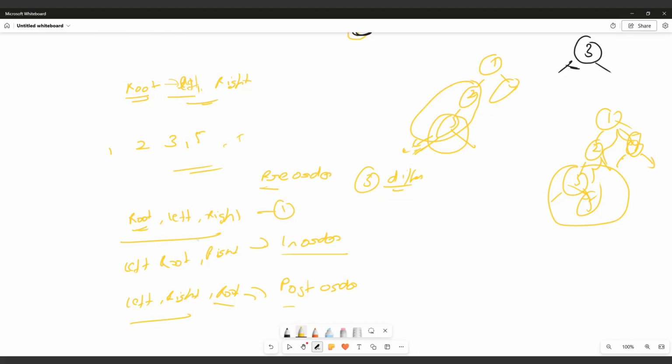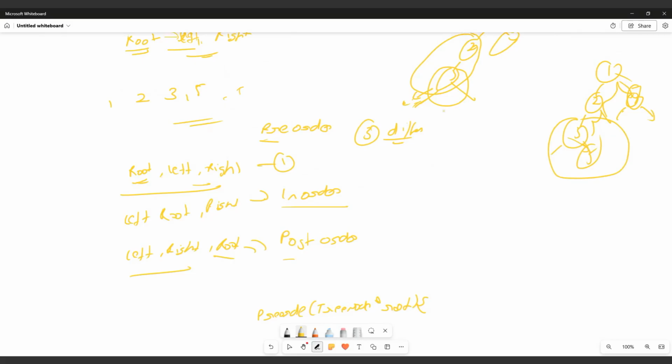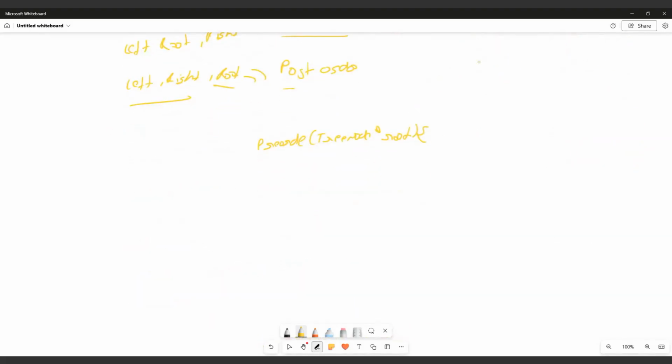So I am going to write the code for this pre-order, and the code would look like this. In pre-order we pass the reference to the root, and for the first step we check whether the root exists or not.